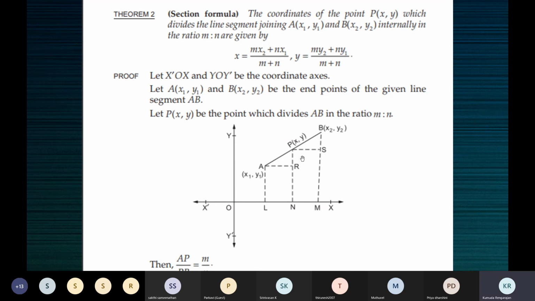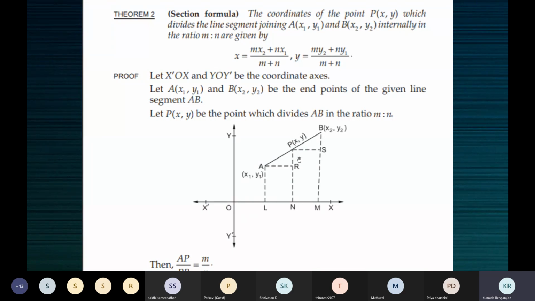Okay, now let's try to find PR and BS. We found AR and PS. Now we're trying to find PR and BS. So what is PR? How do we find PR? PN minus RN, ma'am. Perfect. PN minus RN. How much is PN? Y, because if this is Y, how do you mark this point x comma y?